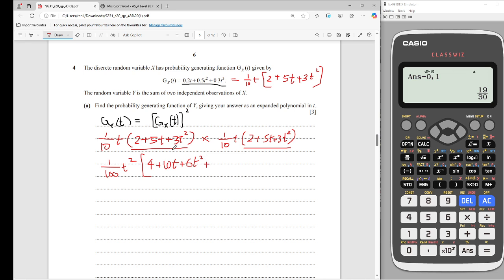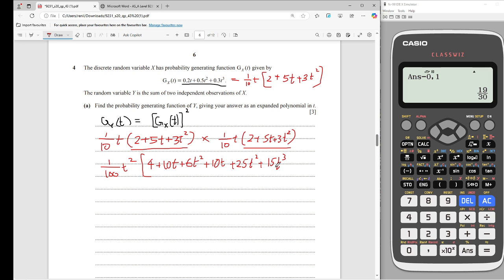Now we can move on to 5t. 5t times 2 is 10t. 5t times 5t is 25t squared. And 5t times 3t squared equals 15t cubed.